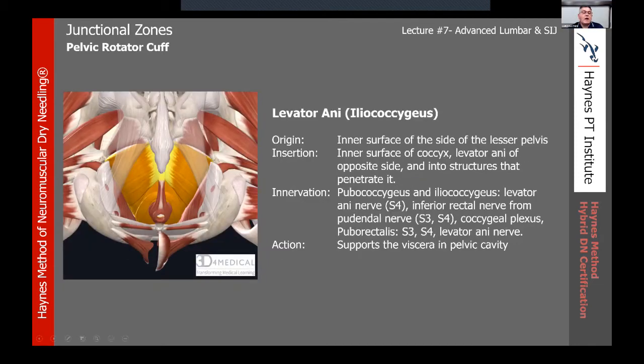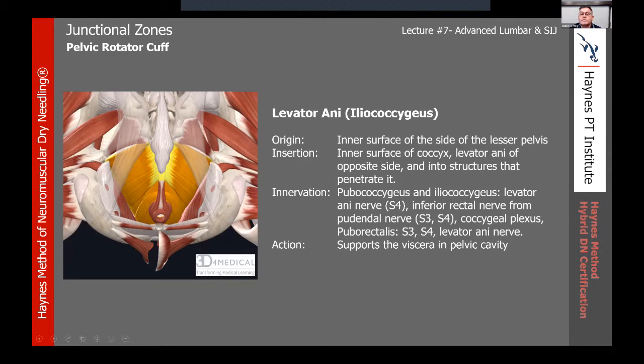For the levator ani, or the iliococcygeus, it's represented in this gold and yellow color. Right above you see the coccygeus, and that's more at the junction of the coccyx and the sacrum. Iliococcygeus is a little bit further distally enveloping the coccyx as a whole.